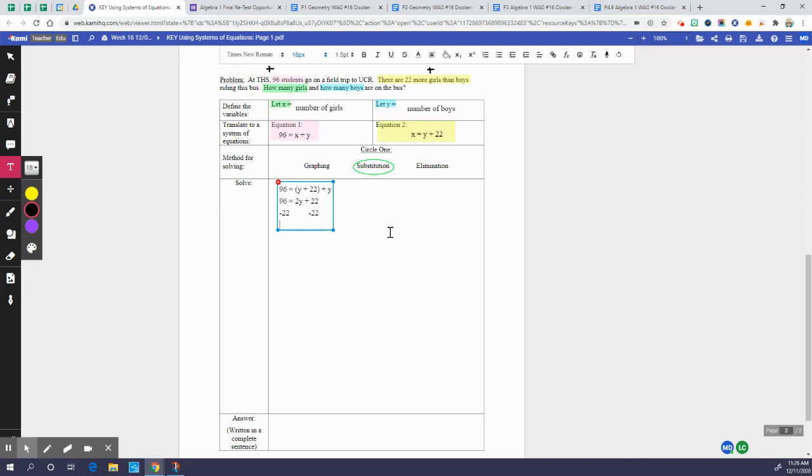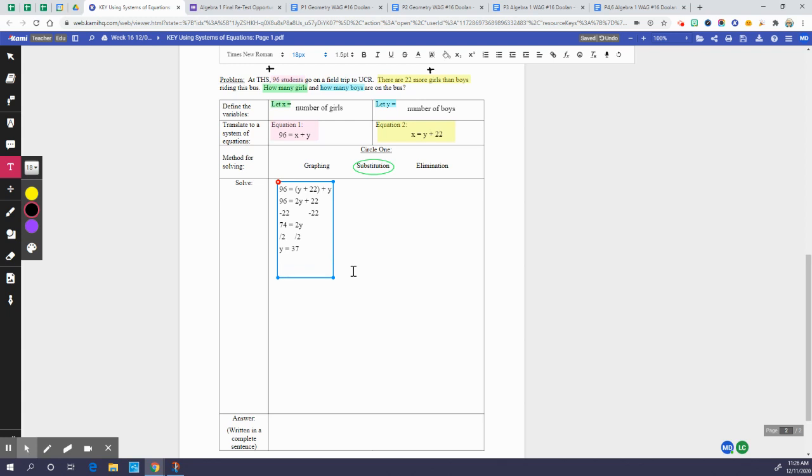And then 96 take away 22 is 74 equals 2y. If I divide both sides by 2, I find out that y is equal to 37. And so now I know that if y is equal to 37 and y is the number of boys, there's 37 boys. Okay, I'm almost done.